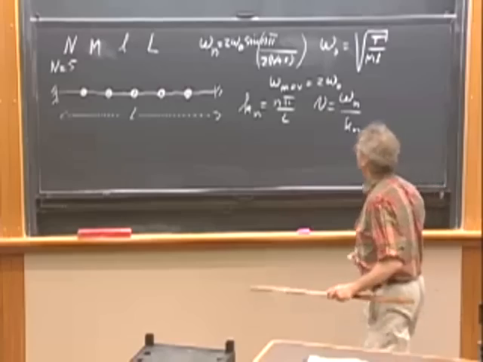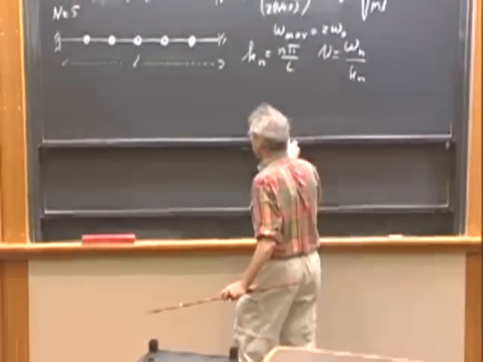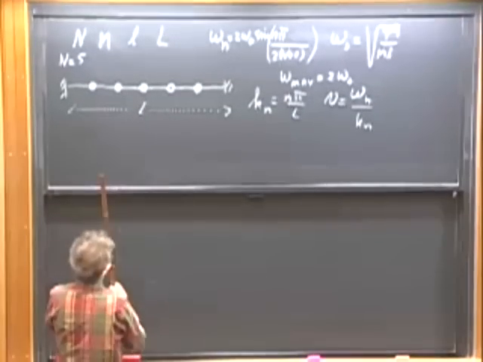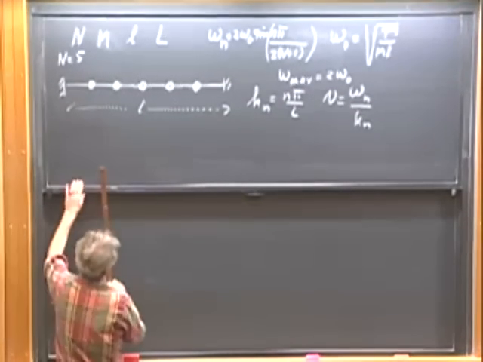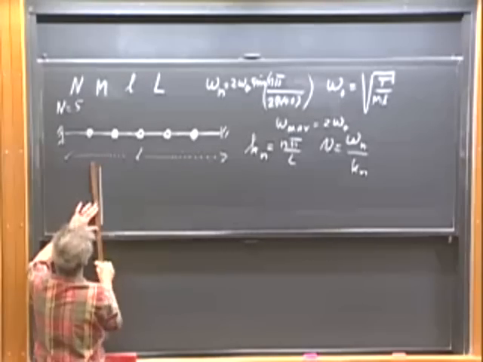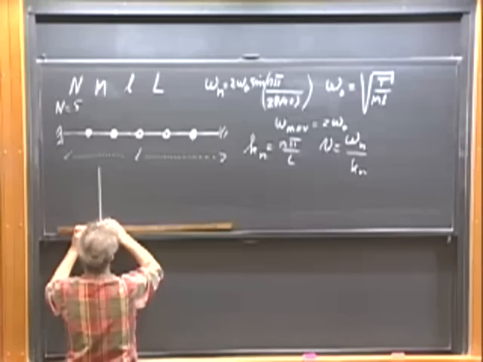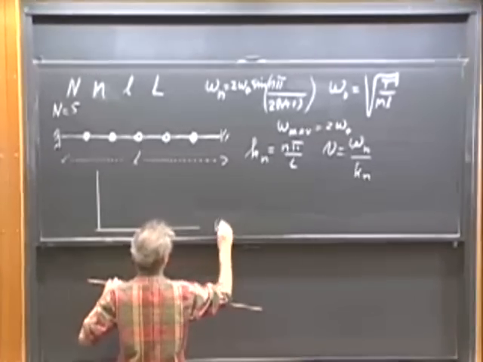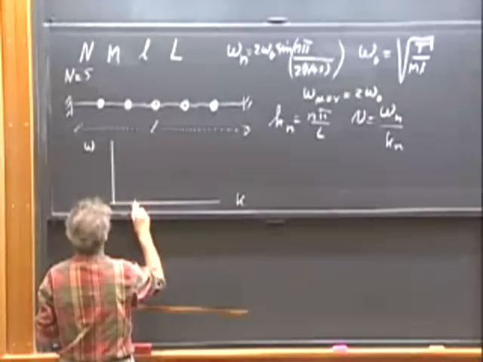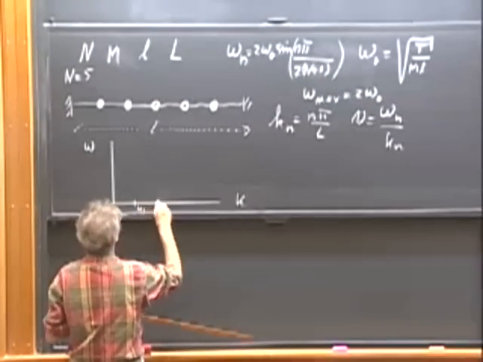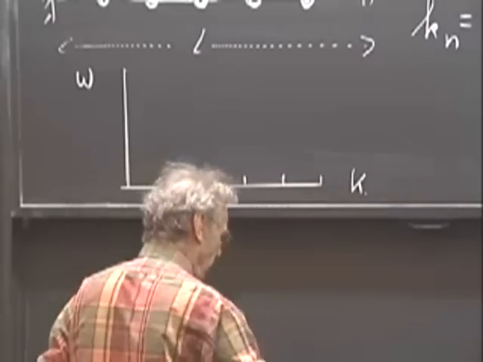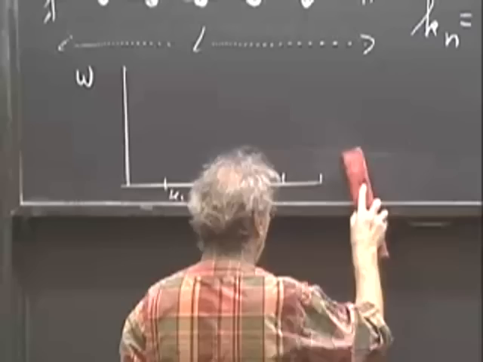A very nice way of seeing that is to make a plot, and you will see many of these plots today, of omega versus k. Let me make the plot here. So this vertical is going to be omega, and this is k. Oh, so this is k1, this is k2, k3, k4, k5. Let me move the k.